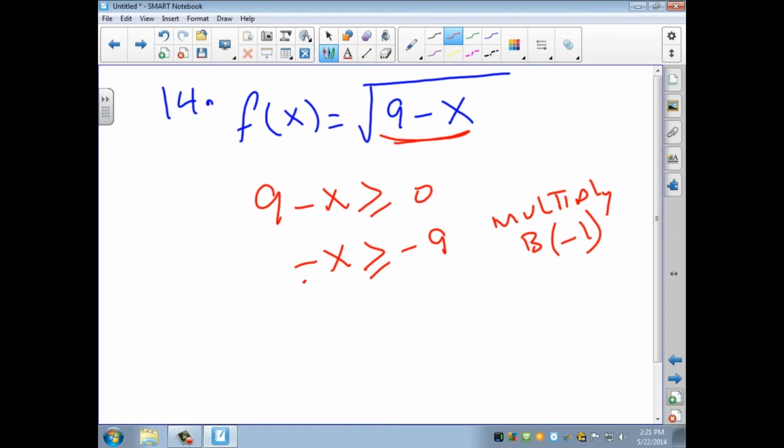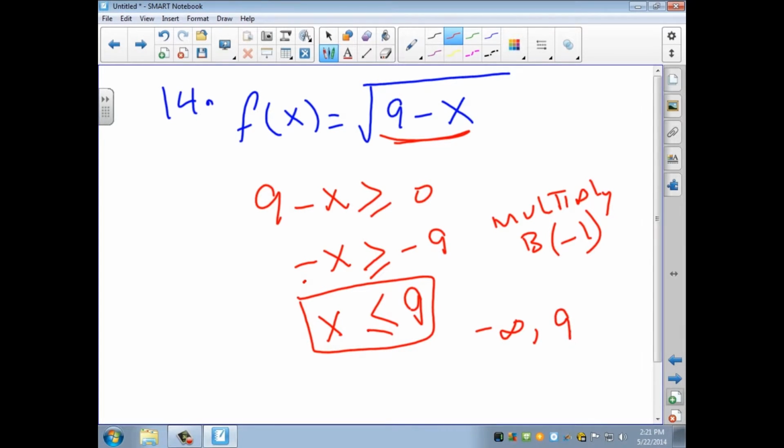So it would be x, instead of greater than or equal to, it will go the other way, less than or equal to 9. I multiply everything by a -1. So that is the answer. So it goes from -infinity for x to 9, including 9.